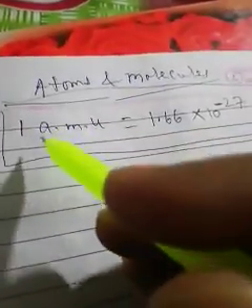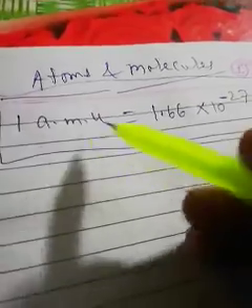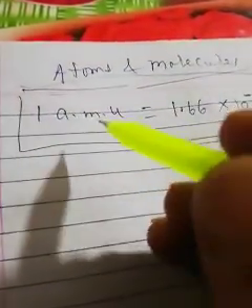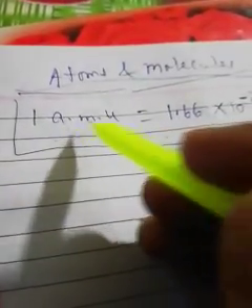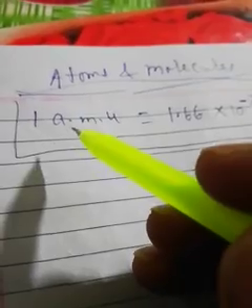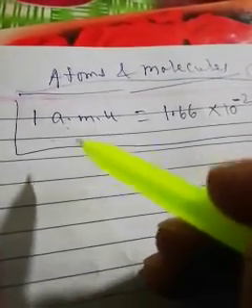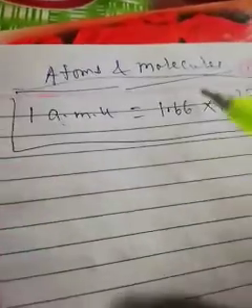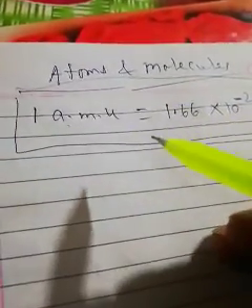And from where this 1 AMU came, that is also very important. 1 AMU means atomic mass unit. This came from 1/12th mass of one atom of C12 isotope. Carbon has two isotopes, C12 and C14.